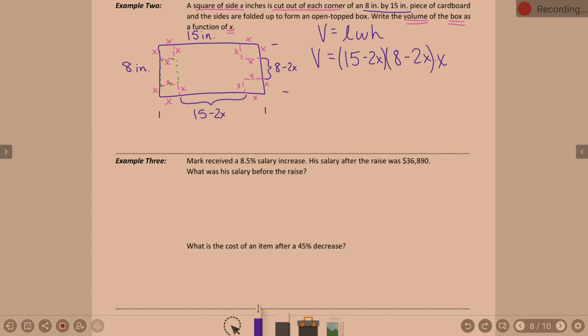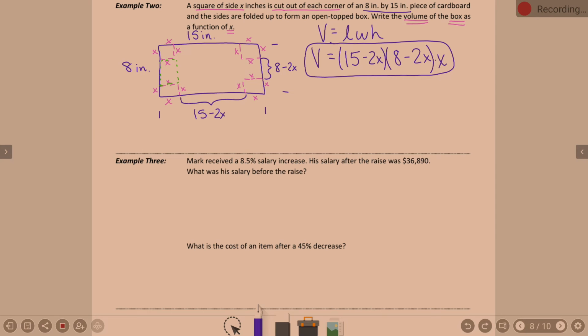Okay, now with this in mind, folks, have we rewritten the volume formula? Yep. Instead of it being in terms of L, W, and H, it's now all X's, yes? Leave it be. Don't even simplify. I left it as this in my answer key.